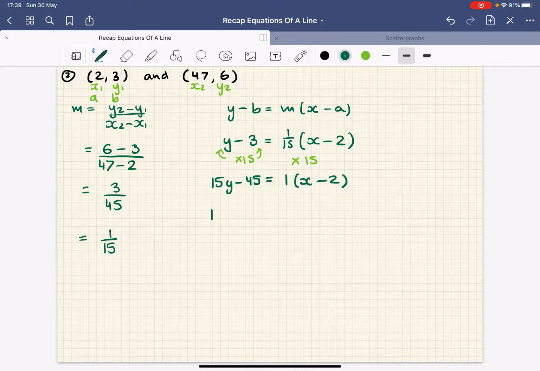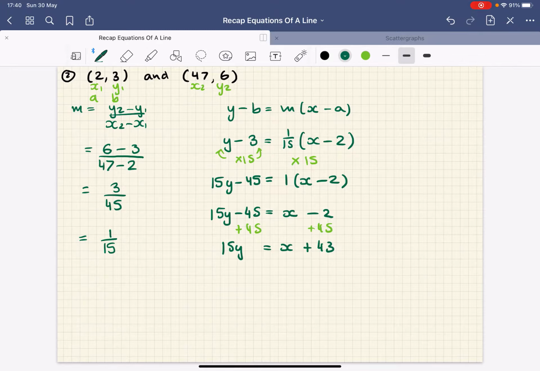And so that's now going to be 15y minus 45 equals, expand that bracket, will just be x minus 2. Then I'm going to plus the 45 to both sides. So I've now got 15y equals x, and that's going to be plus 43. And then I'm going to divide by that 15.